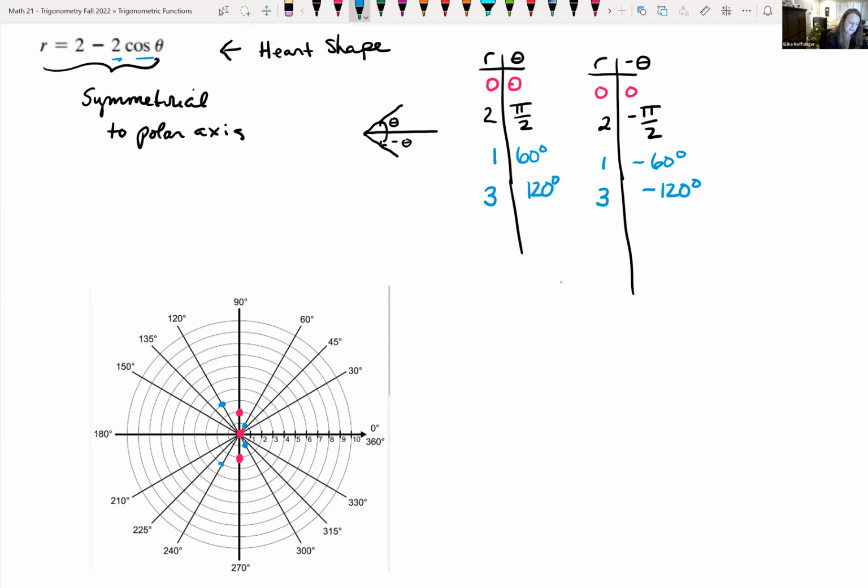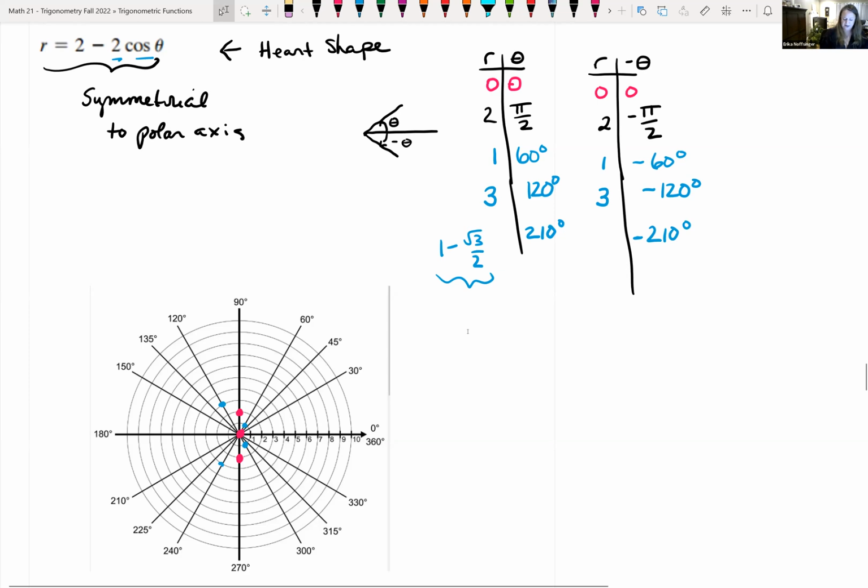So let's look at 210 degrees. That's a reference angle of 30 degrees, in the third quadrant, where cosine's negative. So that's going to be 1 minus root 3 over 2.